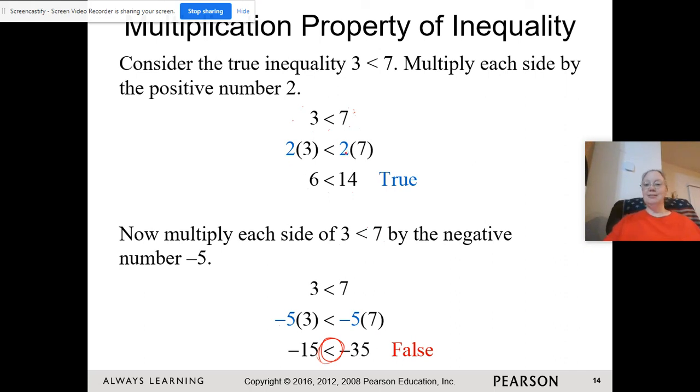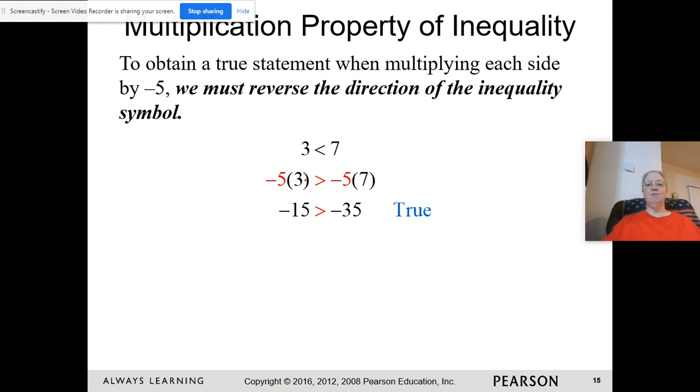Multiply by a positive number, that's fine, we don't have to switch the symbol. But if we multiply or divide by a negative number, that's when we have to reverse the direction of the inequality. That's important. Students forget it all the time. So please remind yourself, if you multiply or divide by a negative number, you have to reverse the symbol.